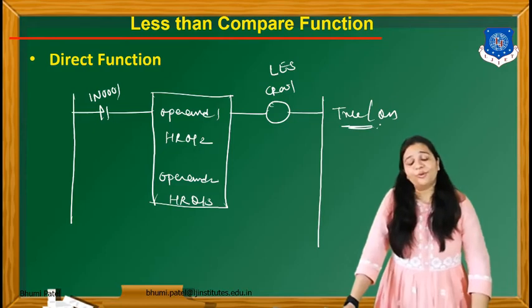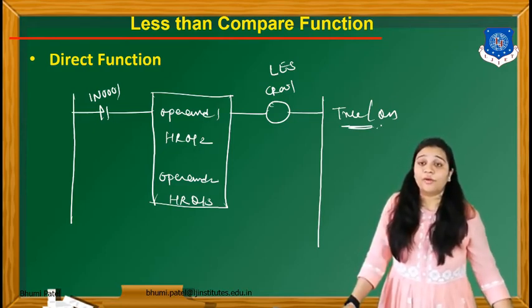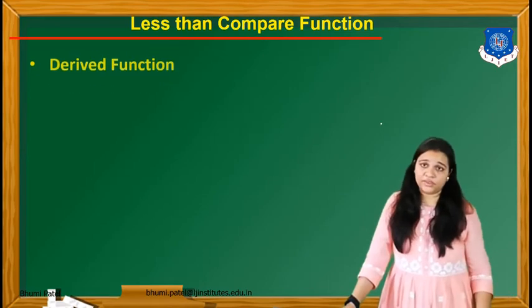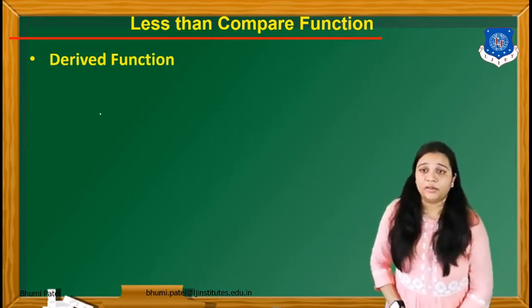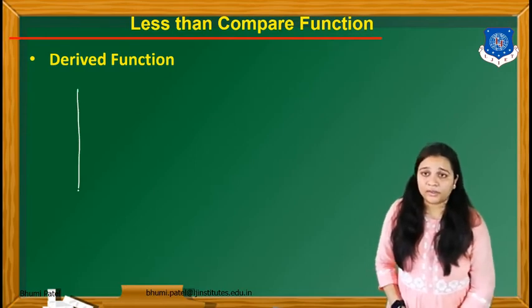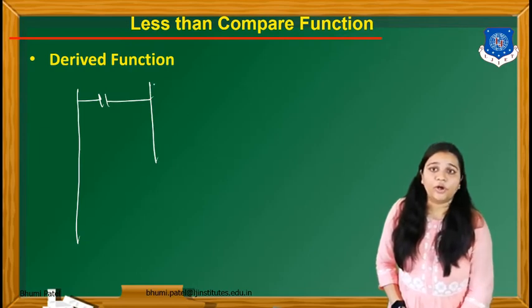Okay, but we should not use the direct function in PLC programming. So we have to draw the derived function for the less than compare function. For that, simply we take one input signal, one block format, and one output.